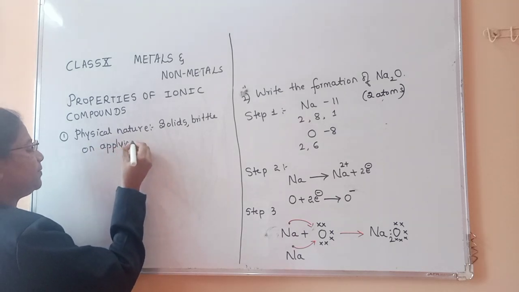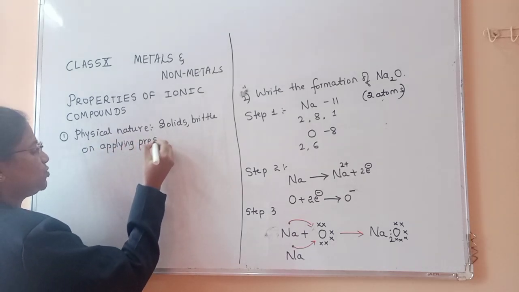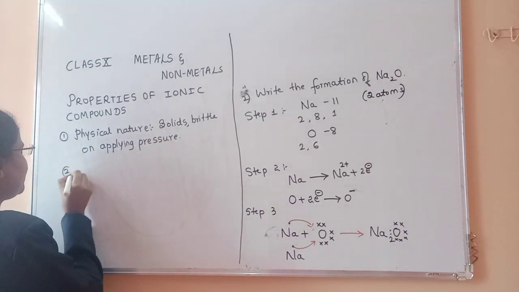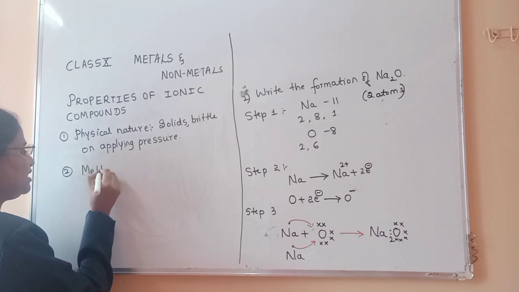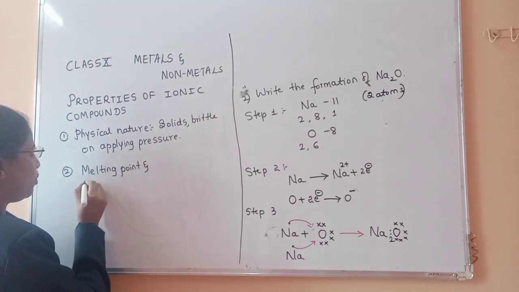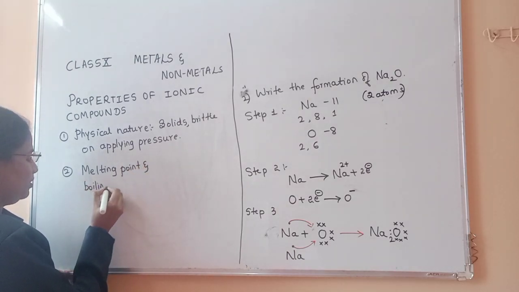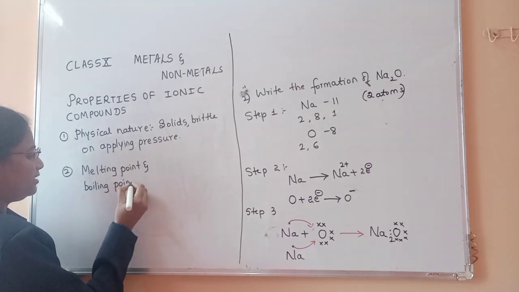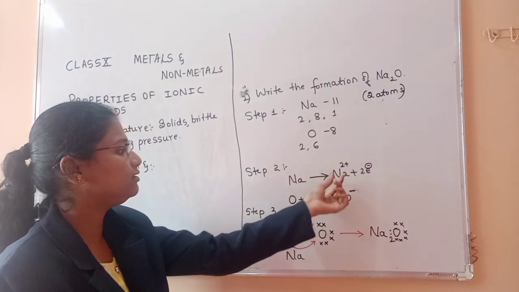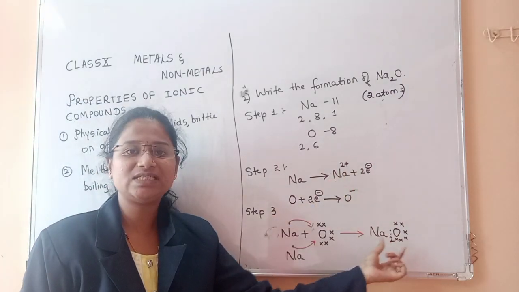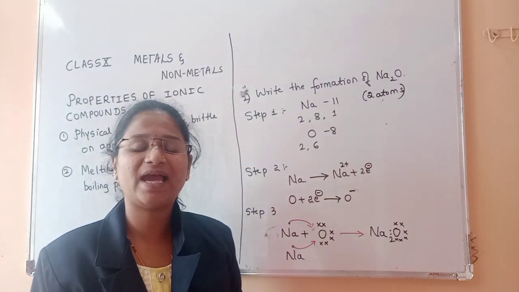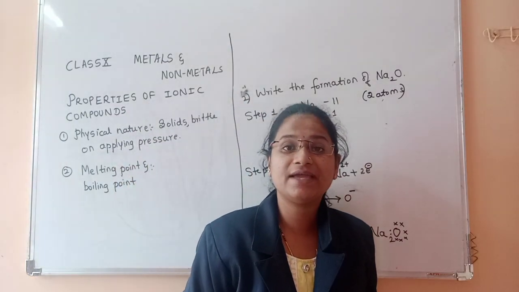Next, when we heat these ionic compounds, we measure the melting point and boiling point. As we know, ionic compounds are nothing but aggregations of oppositely charged particles. In between the charged particles we have a force, the inter-ionic force.